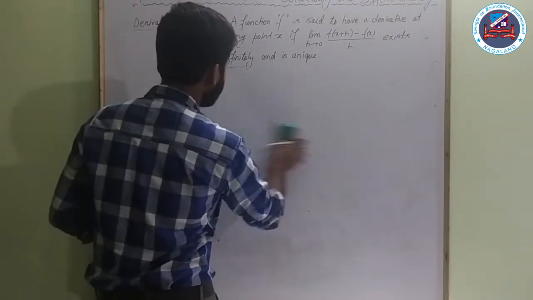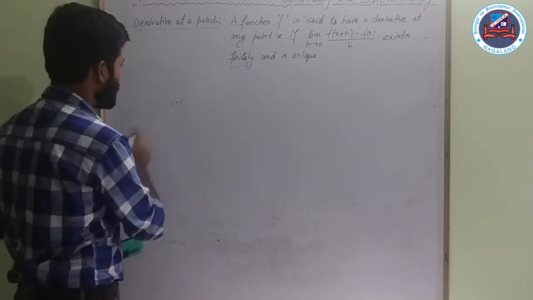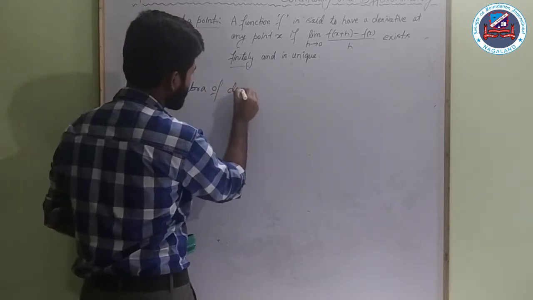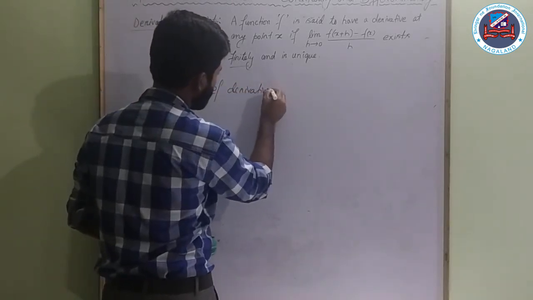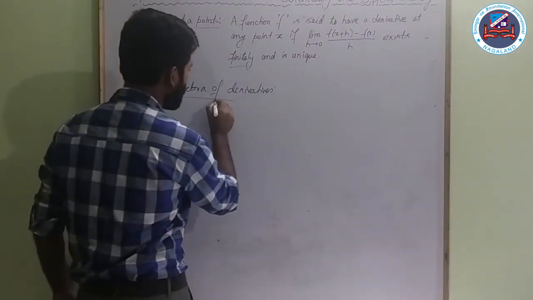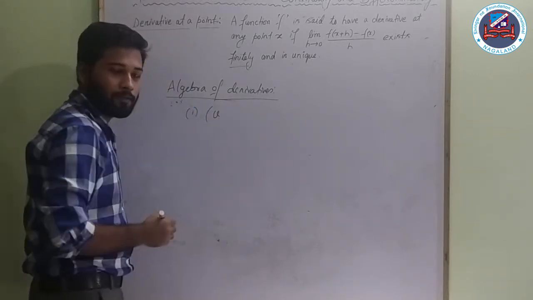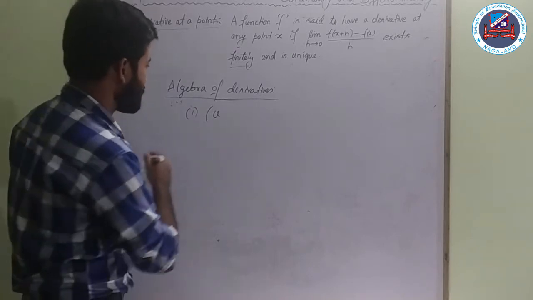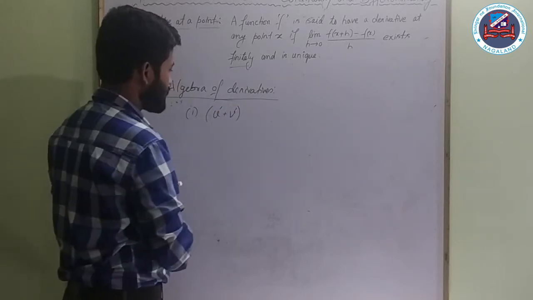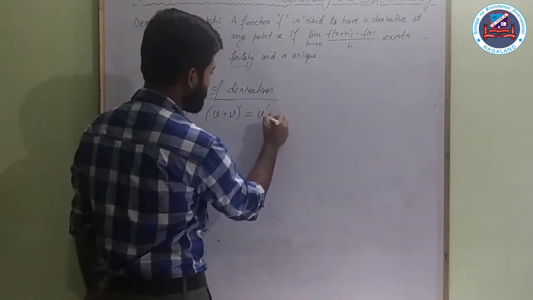After this we can define some properties, that is, the algebra of derivatives. You have got this also in your grade 11. So what is that? Number one: suppose u and v are two real valued functions, then (u + v)' is given by u' plus v'.